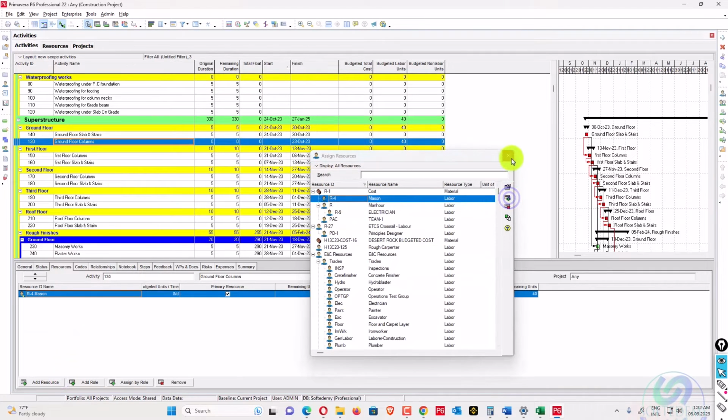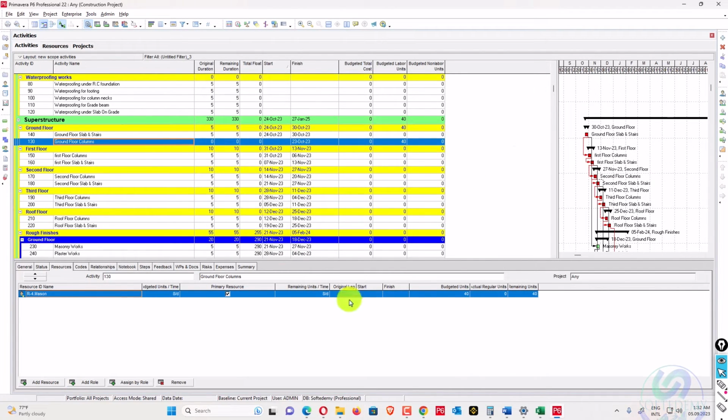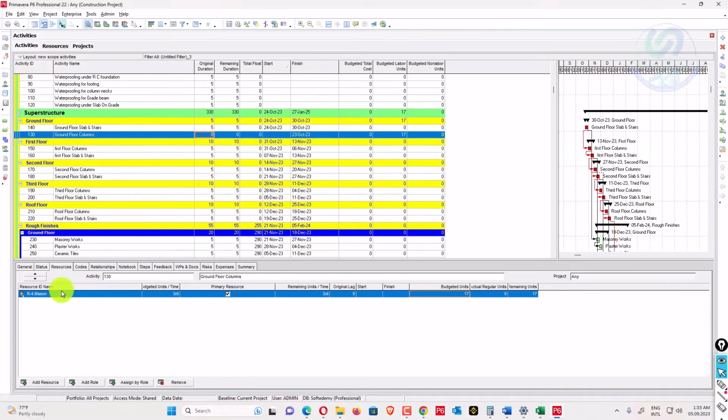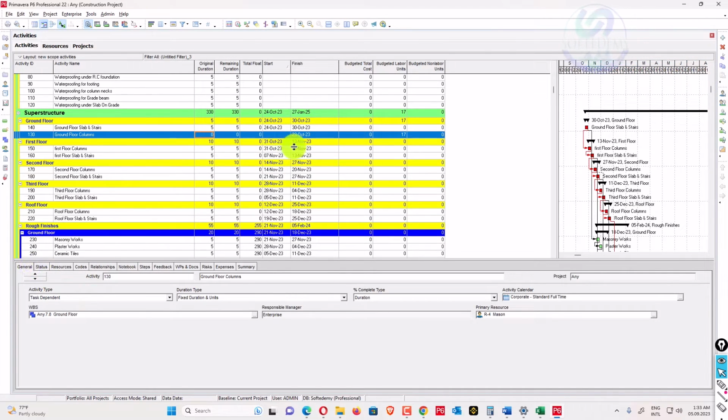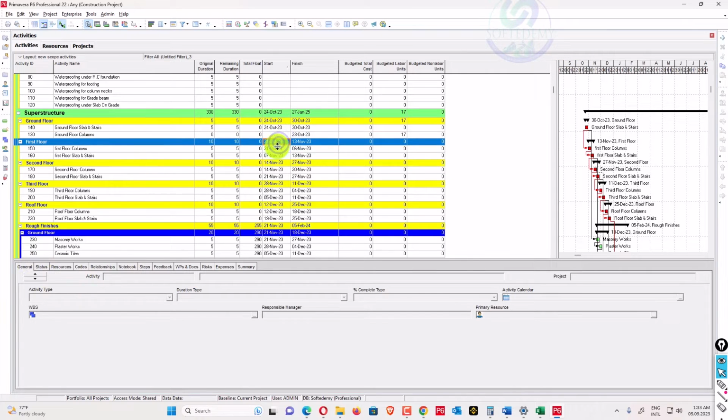Then go here and add resources. In the mason, I will assign that mason. Here we have to assign the budget units. If we have 17.4 budget units to perform that job, and our original duration is fixed, like we have 5 days to do that one. This is the original duration and budget units. The activity plan finish cannot be null. This is activity type, task dependent, and we have a start date. We can run the schedule.